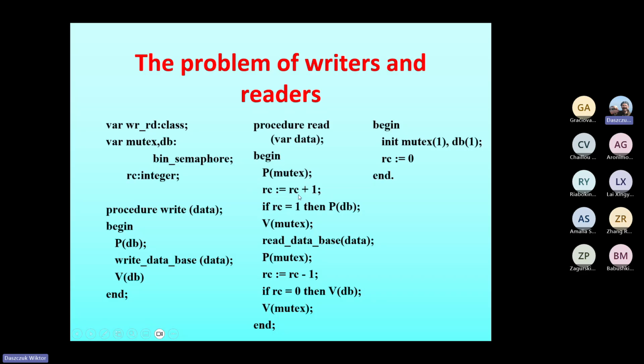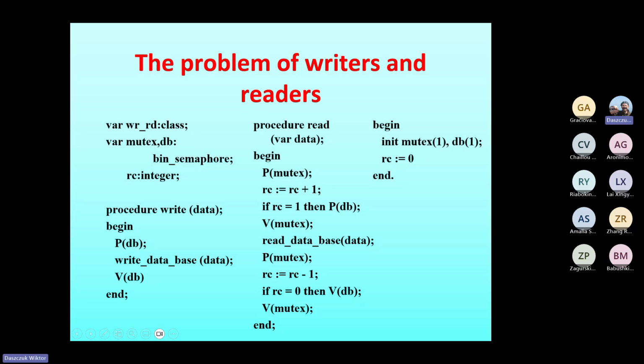Every one of them incremented RC, and it can happen that each time a process decrements reader count, some other process increments the reader count, and reader count never reaches 0. It is 1, 2, 3, 5, 2, 1, 5, 1, 2, 3, 4, but never 0. It can happen.